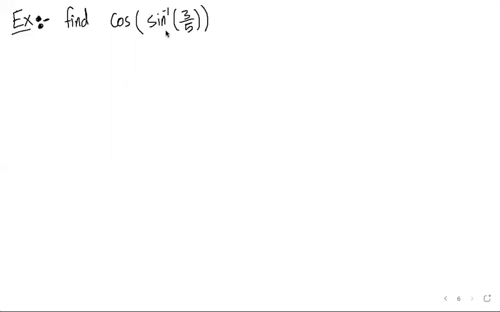To solve something like this, we have to let the value inside equal theta or any angle. So I can set, let the angle theta equal the sine inverse of 3/5.